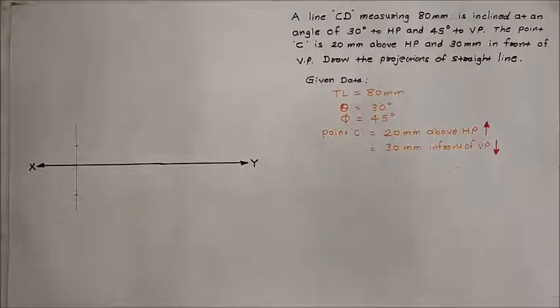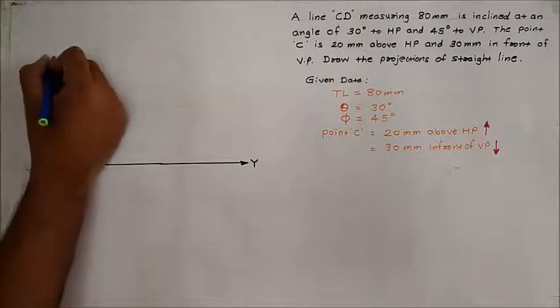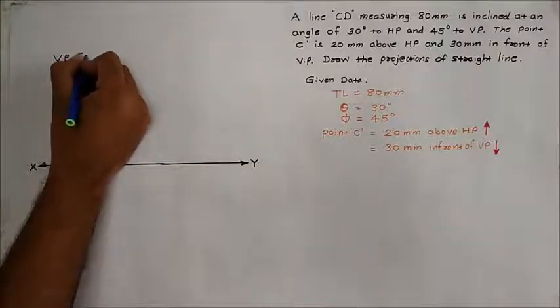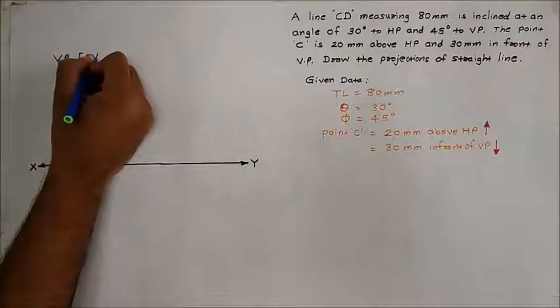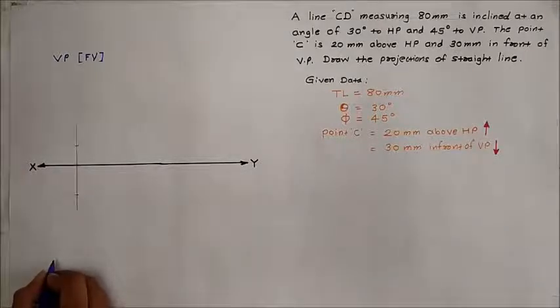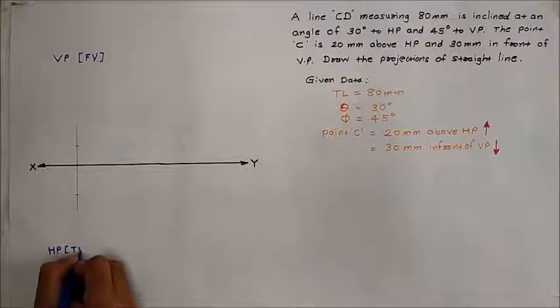Now, after marking both points, give the nomenclature. For giving the nomenclature: above the XY line, the vertical plane is present, and on the vertical plane we prefer to draw the front view. Below the XY line, the horizontal plane is present, and on the horizontal plane we prefer to draw the top view.